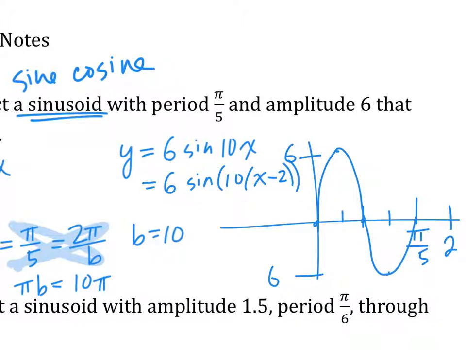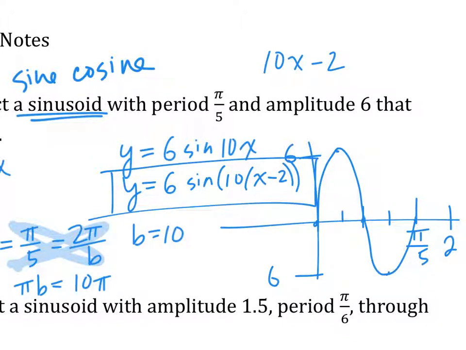Okay, because the phase shift is moving right 2. If you just put 10x minus 2, you're only moving 1/5. Okay? Please be careful. So this will be the equation. At least one of the ways to solve this equation. There's many ways to make it go through 2, 0.